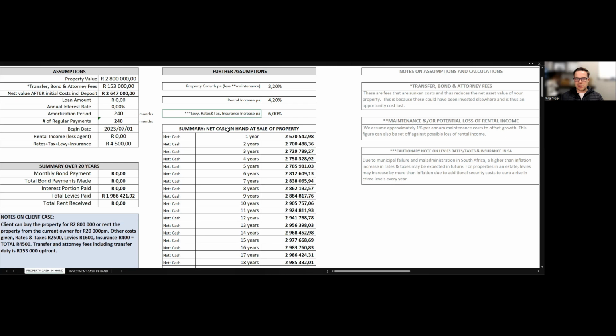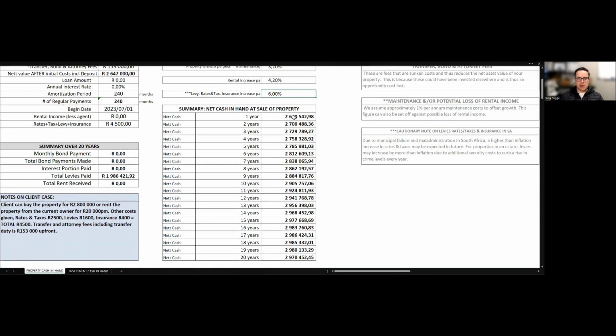And another thing is the levy figures in South Africa might go up higher than inflation due to a lot of crime. So if this property that you want to buy is in an estate, I find that estates spend more and more over time to secure the estate, and this might cost you more than inflation over time. But we'll keep it at 6% for this calculation.